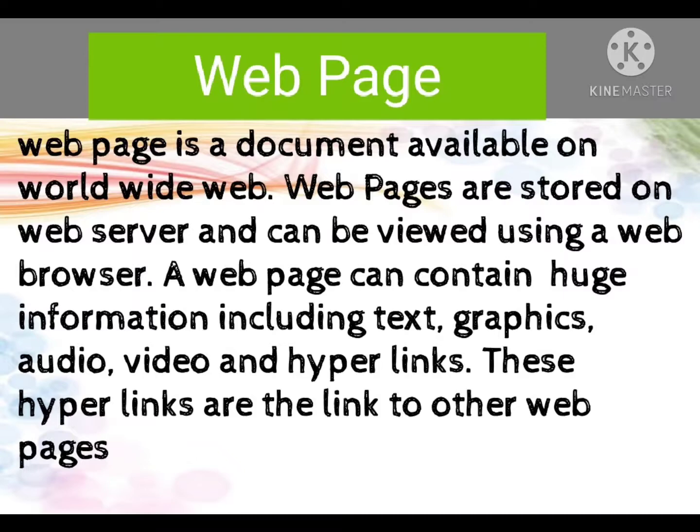Through a browser it is viewed, and a web page can have many kinds of information, like text, graphics, audio, video, even links, forms, static data, or dynamic data, like a news feed website we generally see. So news is changing, even when you get cricket updates, there also it is a dynamic kind of page.